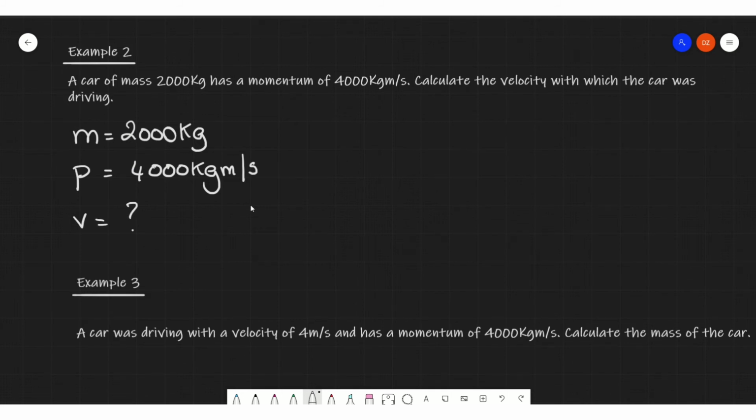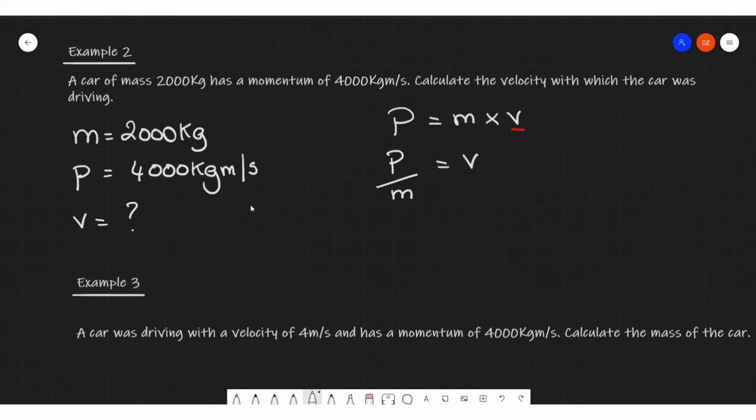Now, for this example, you can make use of the triangle, or you work it out with the equation using subject of the formula. So we have P equals m times v. We need to find v, so we need to remove m from this side of the equation. Therefore, from multiplication, if we take m to the other side, it will become division, so that will become momentum divided by mass equals velocity.